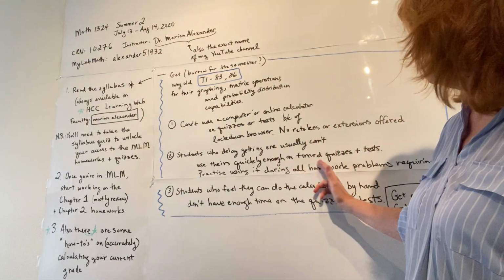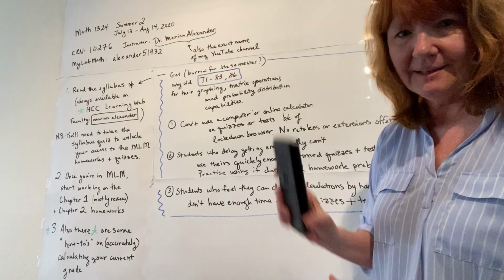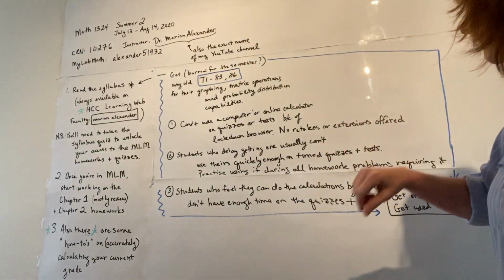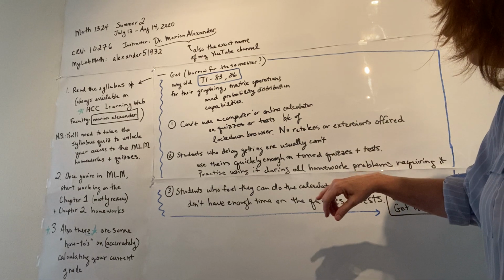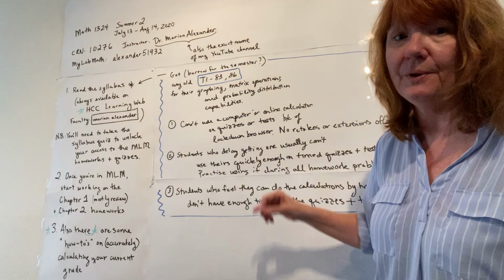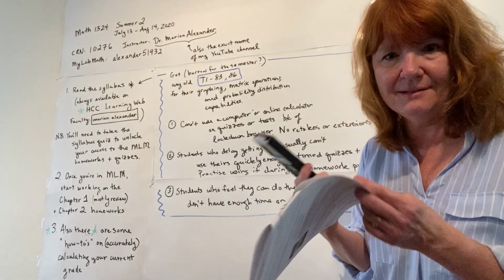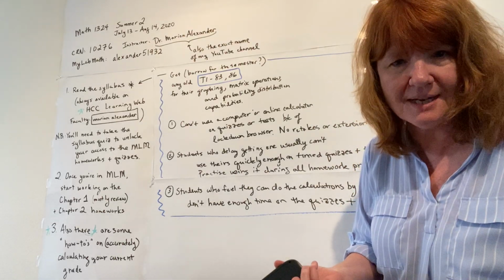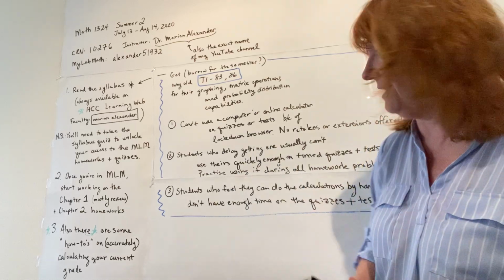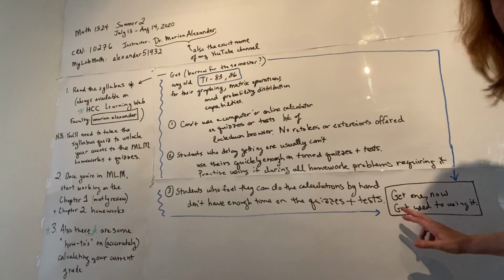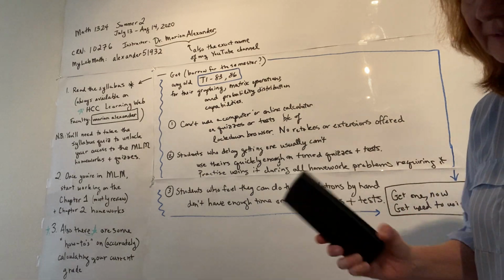So don't put yourself in that category. Get a hold of one of these now and start working with it now. Sometimes I'll get students who halfway through then get a hold of one of these, but they're not used to using it. And so they can't finish the quizzes or tests fast enough. Get it now. So get one, get it now.